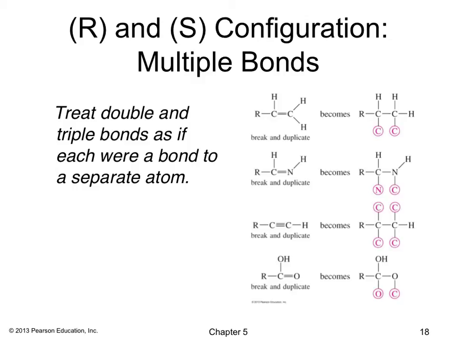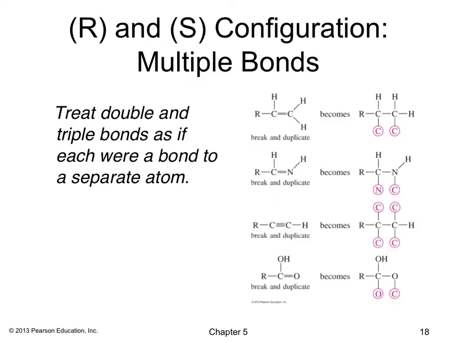If you have multiple bonds, you want to treat double and triple bonds as if they were a bond to a separate atom. So as an example, here's this double bond alkene, in which this carbon is attached not only to the R group, H, and the carbon, but because it's double bonded to a carbon, you can say it's attached to another carbon. And this is attached to a hydrogen, hydrogen, and a carbon, and because it's double bonded, it's attached to a carbon, and so this becomes this.